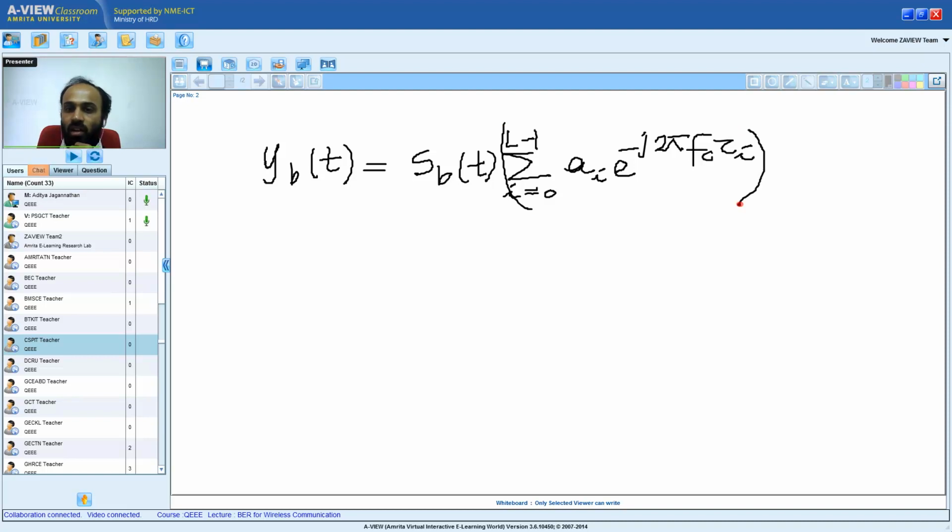This quantity is known as h, which is also the fading coefficient.